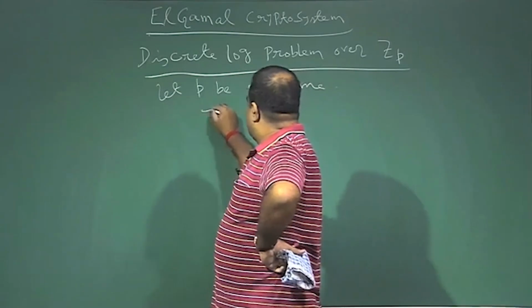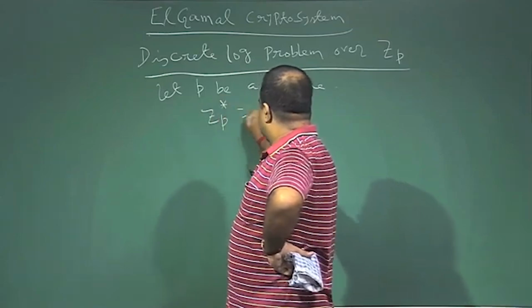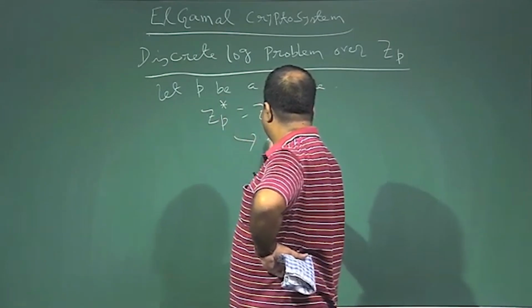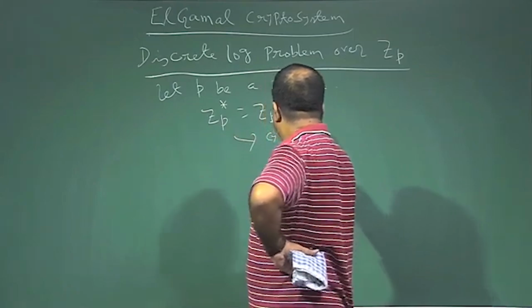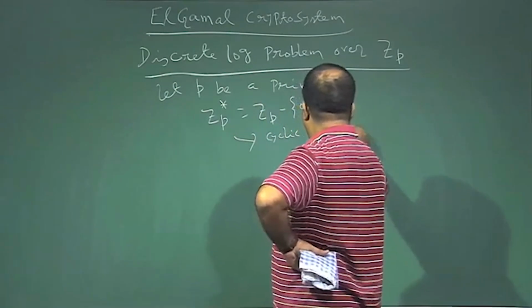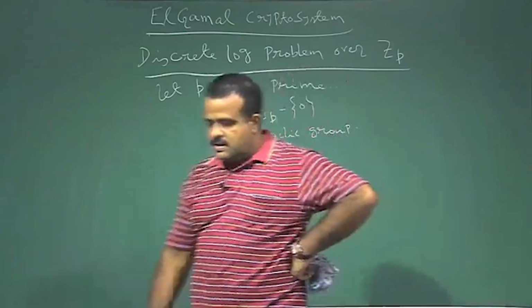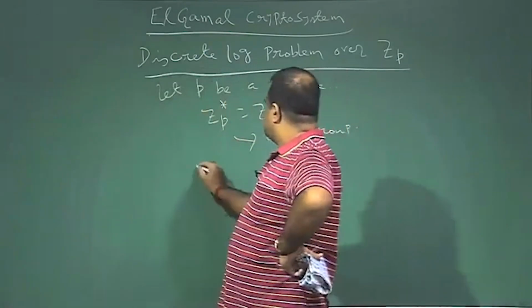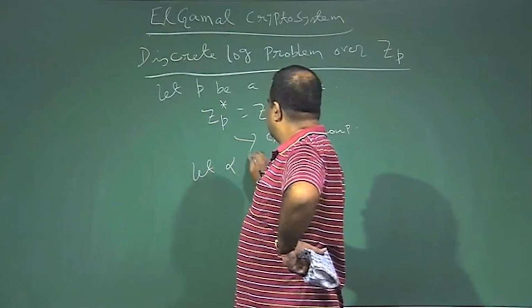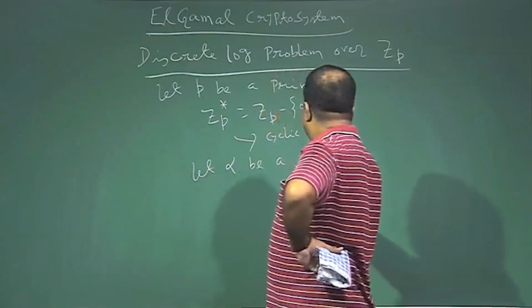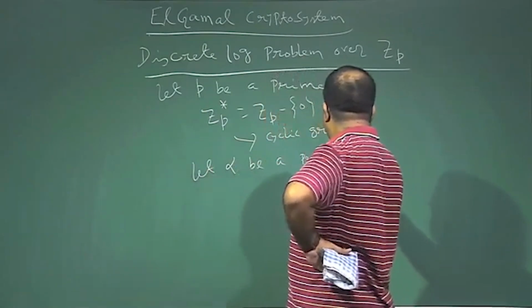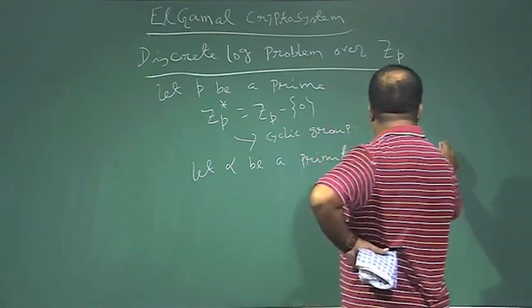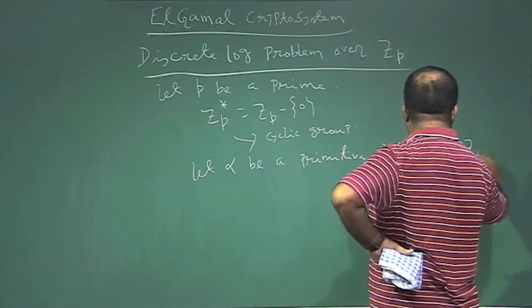If p is a prime, then Zp star, which is basically Zp minus 0, will be a cyclic group. Let alpha be a generator or primitive element of Zp star.